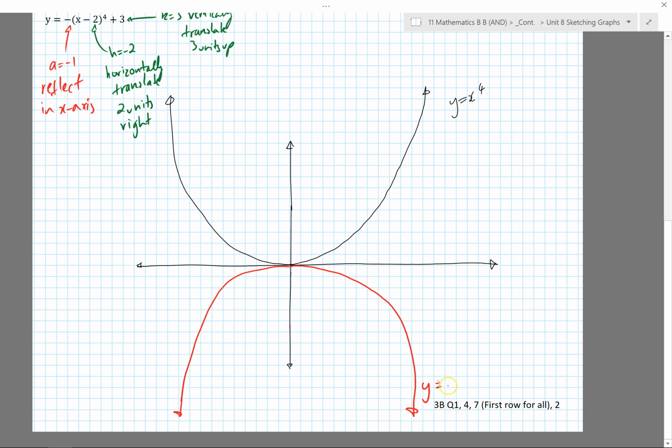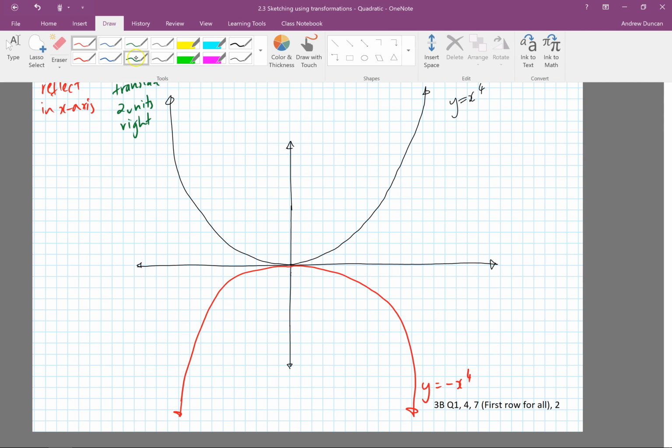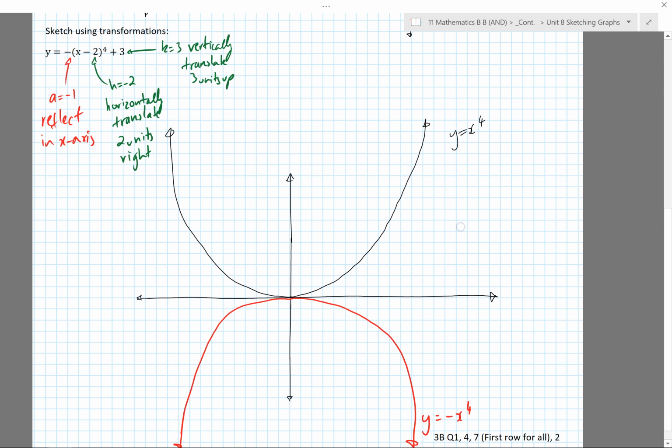Okay, so I've got y equals minus x to the power 4. And then I just need to look at my translations. So that turning point is going to move 2 units to the right and 3 units up. Okay, and then I'll draw that same sad face of a quartic.